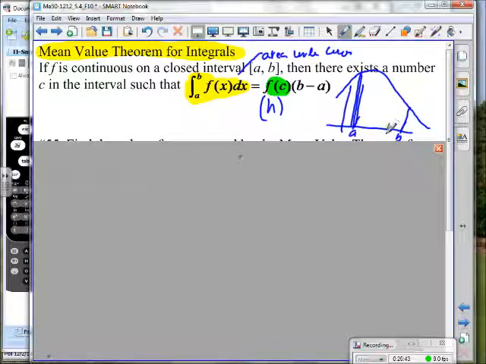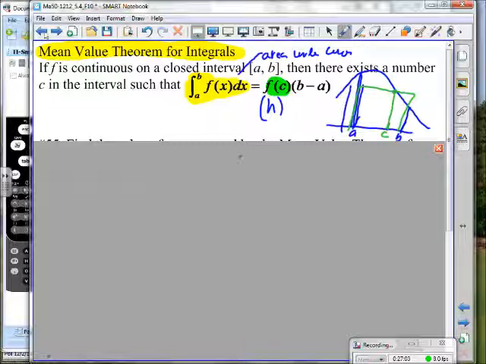A point right here that if I go up to the curve and I build a rectangle based on that, the area of that rectangle is the same as what? The area under the curve.